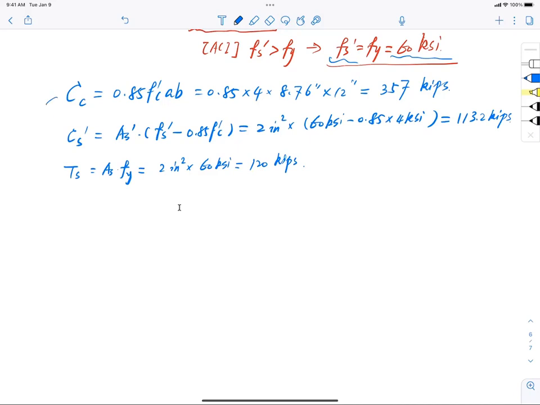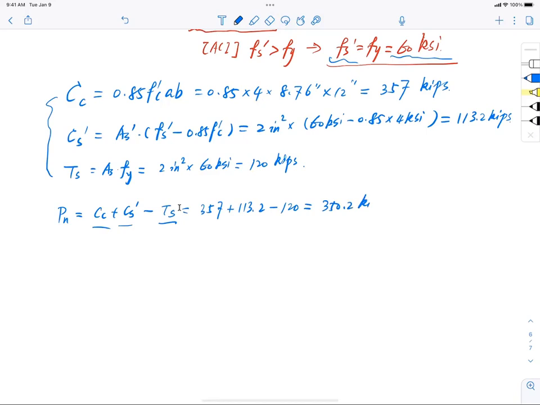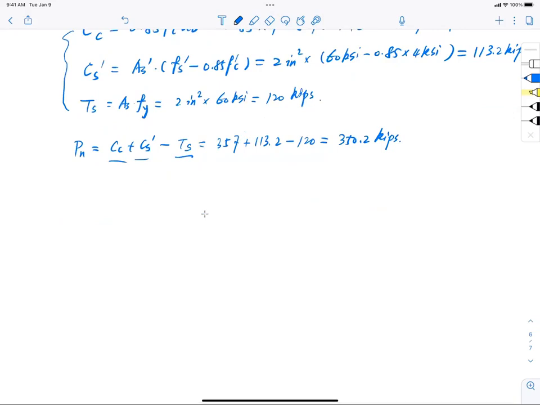And now with all three, I can say the axial load Pn should equal Cc plus Cs prime minus Ts, because Ts is in tension, and Cc and Cs prime are in compression. So 357 plus 113.2 minus 120, and I got this number to be 350.2 kips. So that is the total axial load I'm going to have for the column.